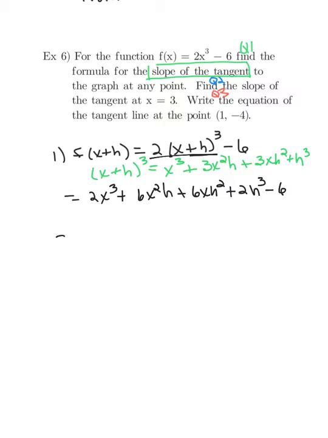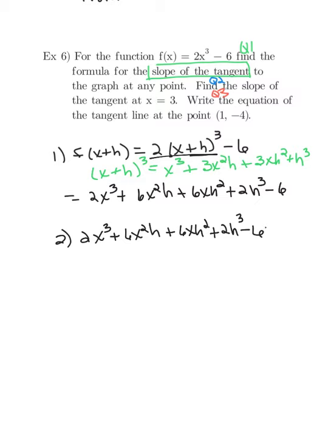Now step 2 says take this answer that you just got and subtract the original function. So we are going to have 2x cubed plus 6x squared h plus 6xh squared plus 2h cubed minus 6. Now, subtracting the original has the effect of changing the signs.